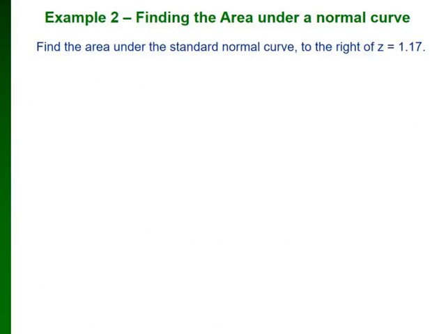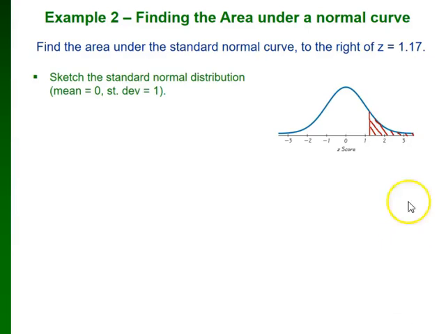Let's do another example. This time we're trying to find the area under the standard normal curve to the right of z equals 1.17. We're going to do our sketch again. This time we've got the same picture and we've got the 1.17 here again, but this time we're going to the right, so we're shading to the right.